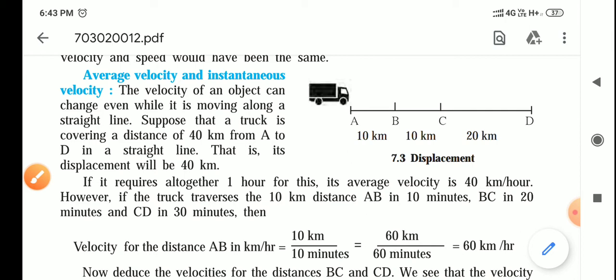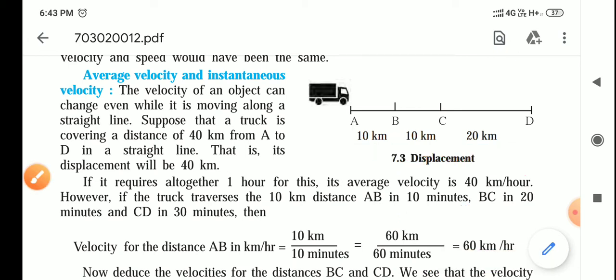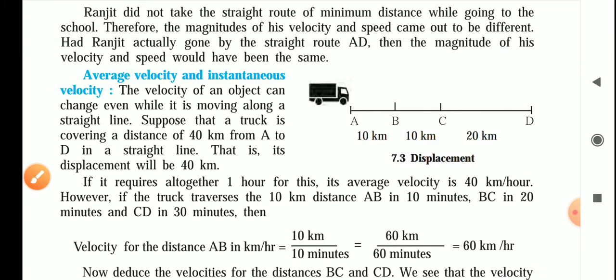However, if the truck traverses the 10 km distance AB in 10 minutes, BC in 20 minutes and CD in 30 minutes, then you can calculate the velocity for these different distances. You know the distance, you know the time as well, which is given. So you can calculate the velocity for these different sections. Like for AB you can calculate the velocity, for BC you can calculate the velocity, and similarly for CD as well.